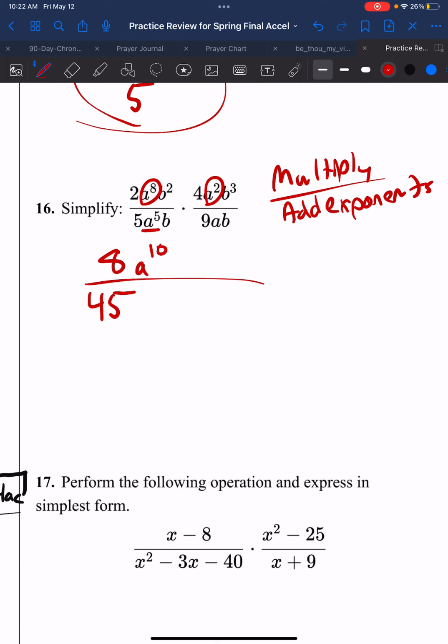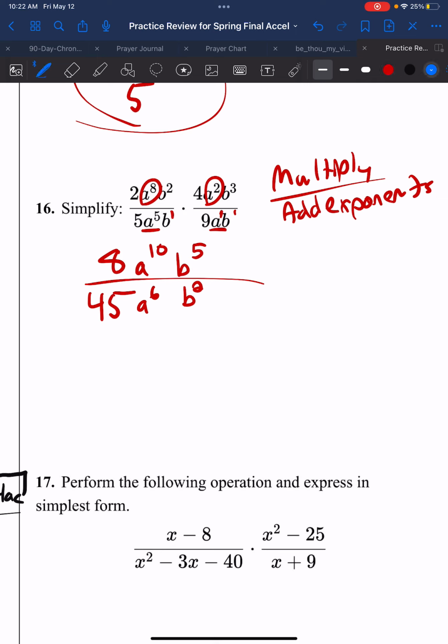And then on bottom, I've got a to the 5th and just a, which is basically a to the 1. So that's a to the 6th. And then on top, I've got b to the 5th, and then b squared. And that's all from adding them, 2 plus 3, and then 1 plus 1.